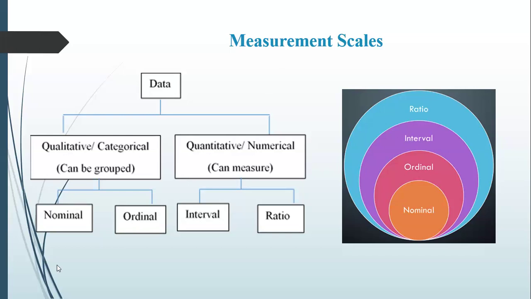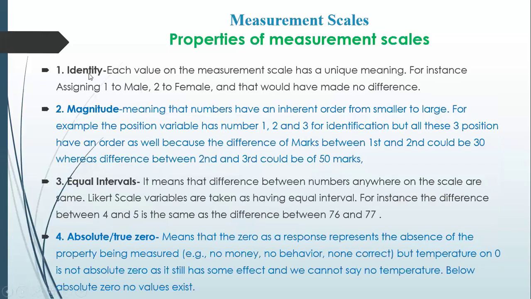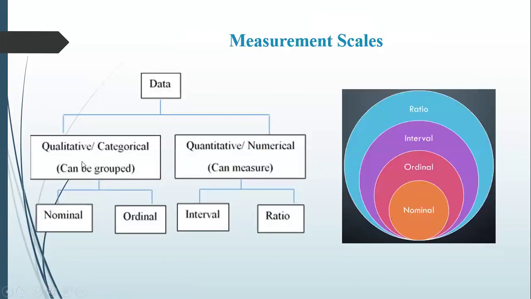So, let's discuss the nominal scale. The nominal scale is the lowest level of measurement. It is data measured only by name. As we discussed in the previous slide, that comes under identity. It is only by name.